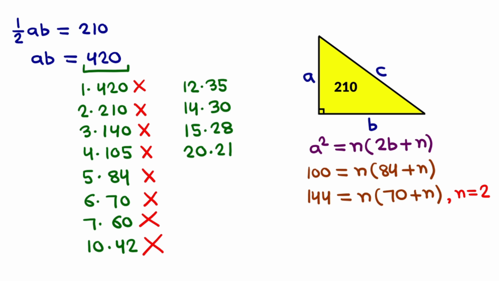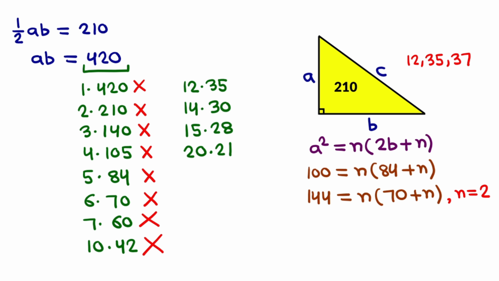We have a winner! So the hypotenuse is b plus n, which is 35 plus 2, or 37. Therefore, our first triangle has side lengths 12, 35, and 37.